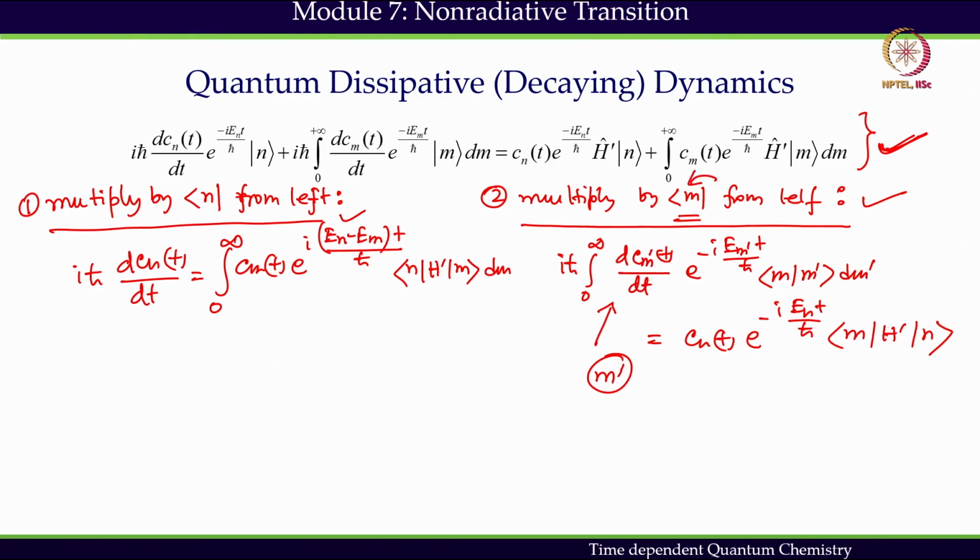This is just a convenient way of representing the integration. We don't want to mix up two different m's here. Here we are multiplying by a particular state m, and that's why the integration is running over the m dash states.